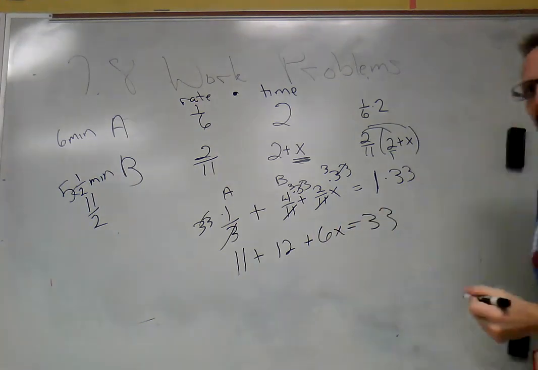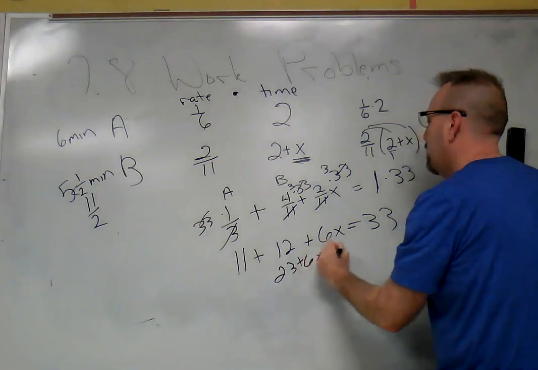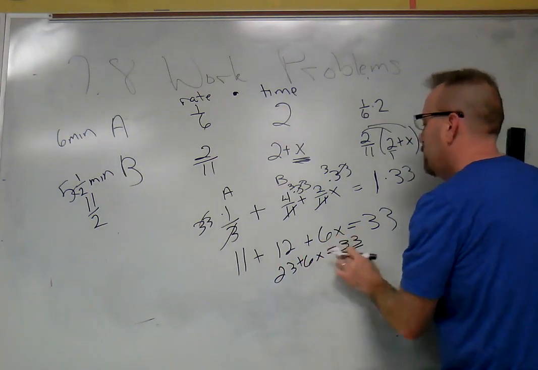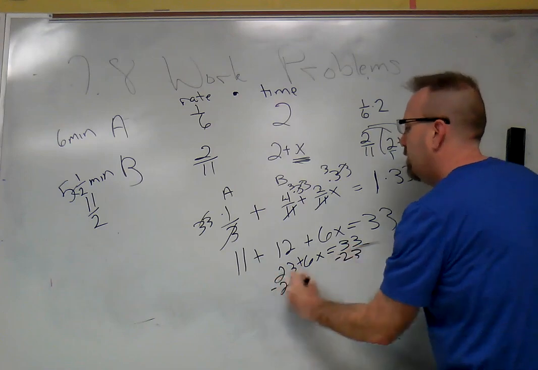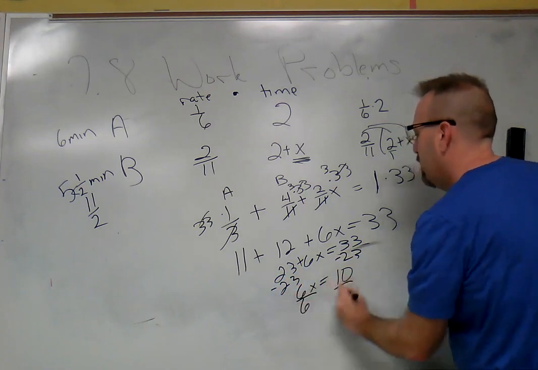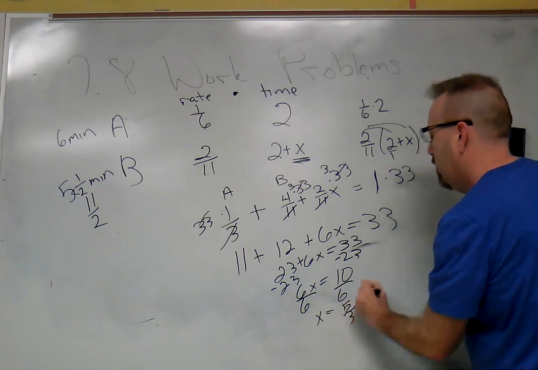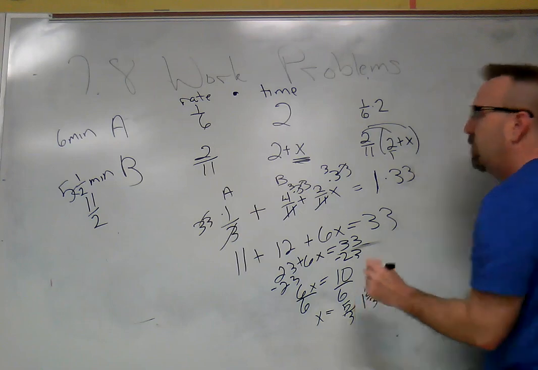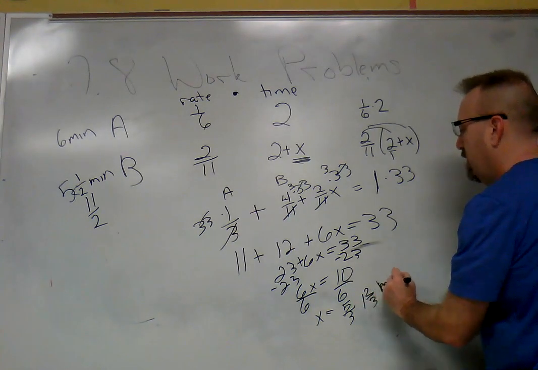Much simpler now. So 23 plus 6x equals 33. Oops, I want to subtract 23. 6x is going to equal 10. Divide by 6. x equals 5/3, or 1 2/3. And we were dealing in minutes, so these are minutes.